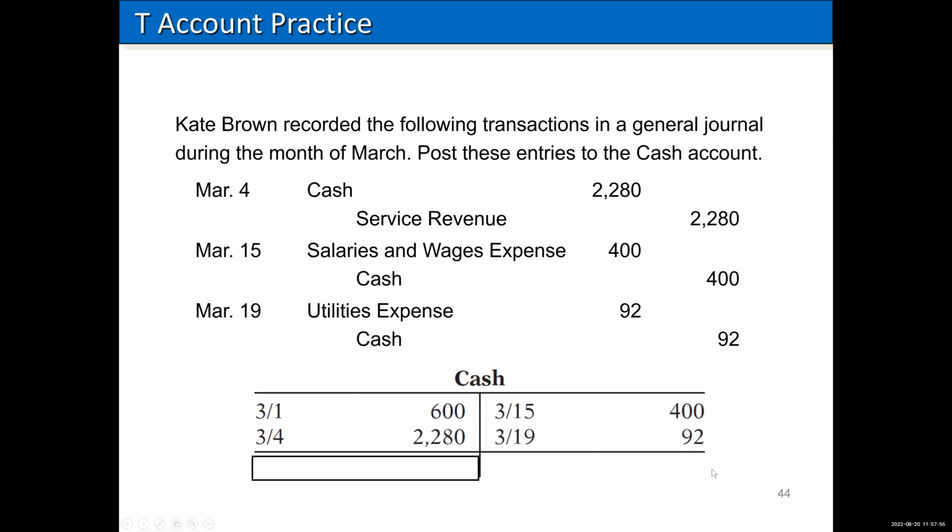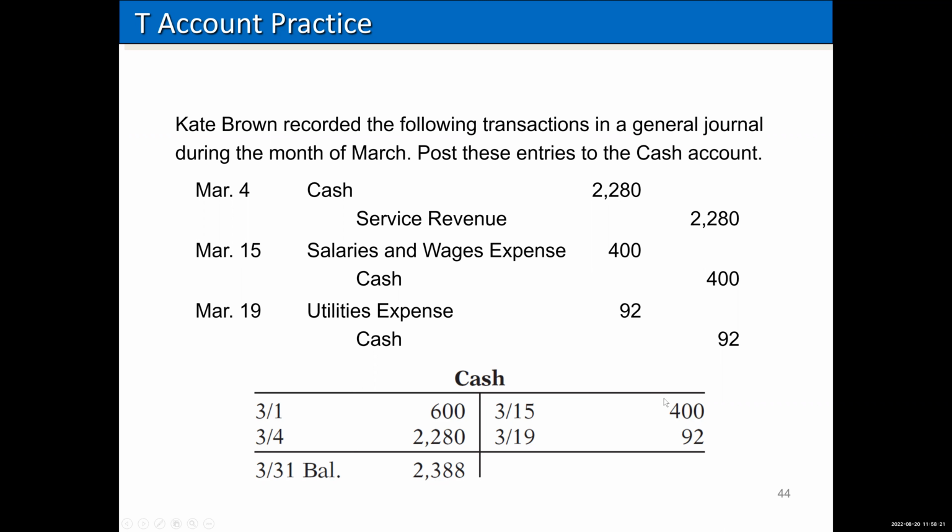Now, if we net everything, the money we received and the money we paid, our net cash balance is $2,388. It's interesting to note that when you net them, the side that has the bigger number, the debits or the credits, well, the side that has the bigger number wins. So here we've got a lot more debits than credits.